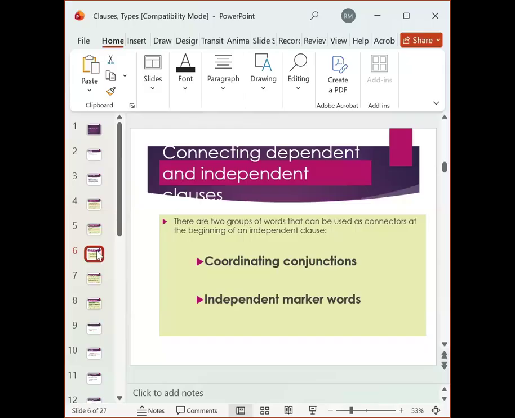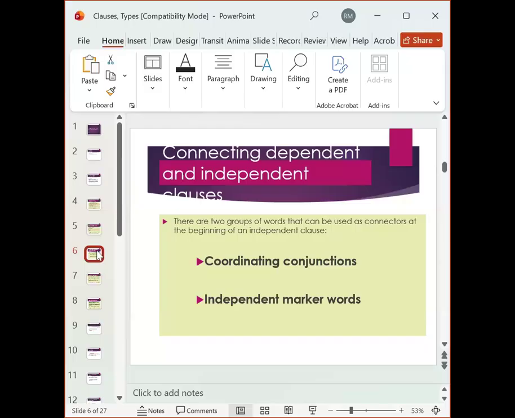They are a group of words by themselves that perform a different function. So when you use one of these coordinating conjunctions, your sentence will have two independent clauses, and these conjunctions serve the purpose of combining the two.